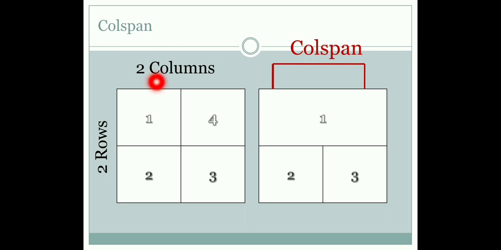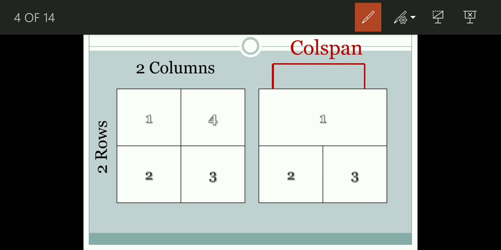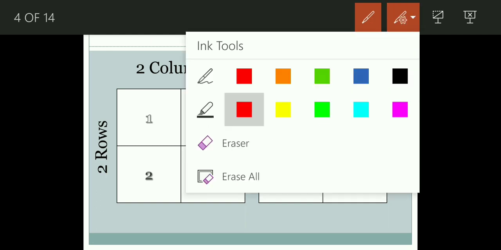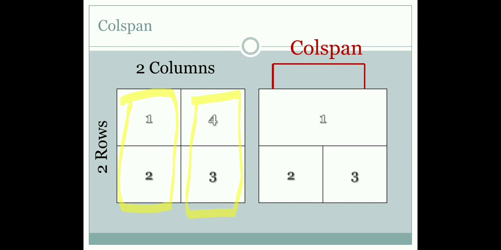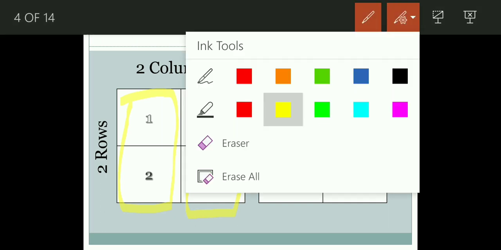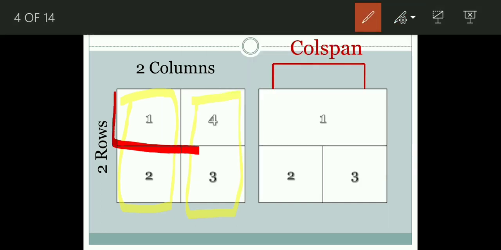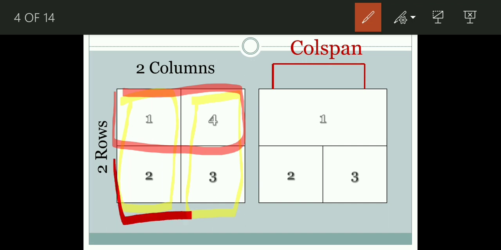How many rows and columns are there in this table? In this table we have two columns, these are the columns, the vertical ones, and we have two rows, these are the rows, the horizontal ones. The yellow ones are the columns and the red ones are the rows.